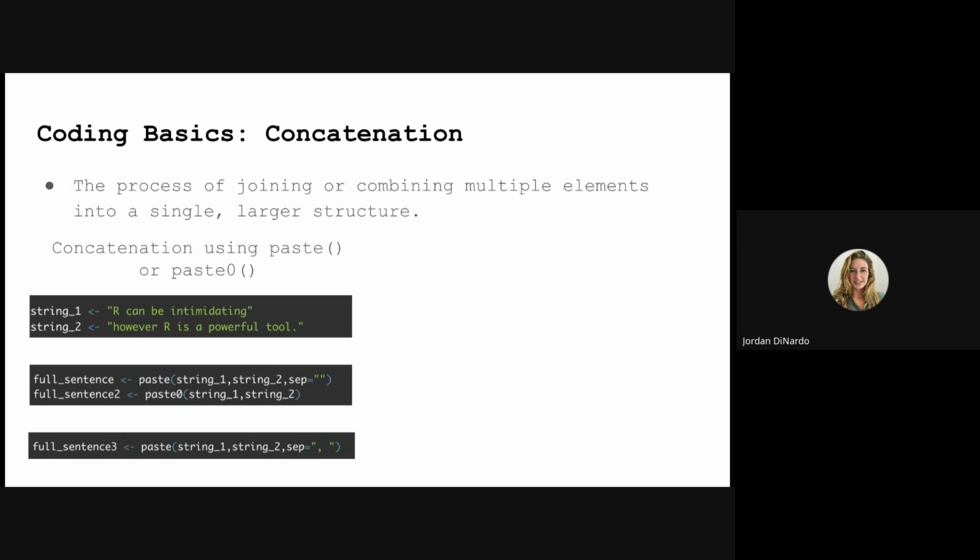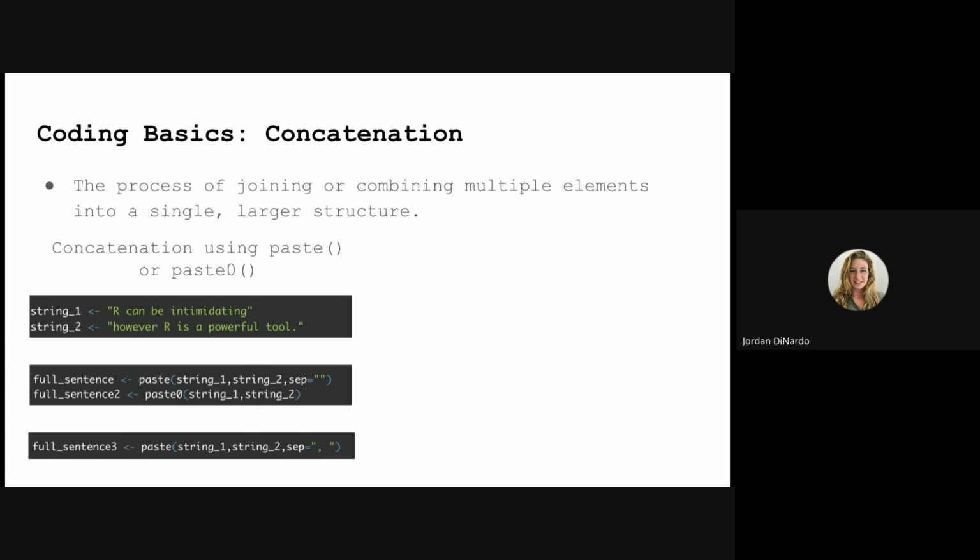So if you output that, it should say, R can be intimidating, and you'll see that there's no space in between intimidating and however. That is the same as paste0. That's saying there's going to be nothing in between these two strings or these two variables.